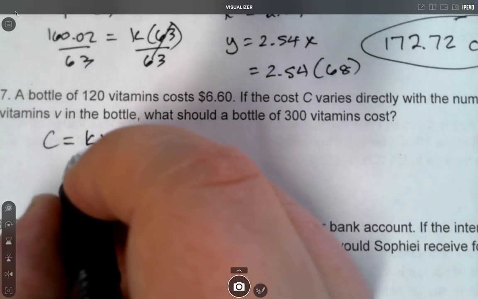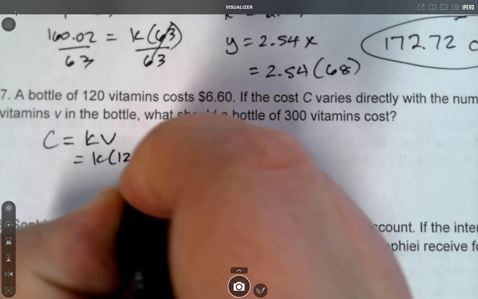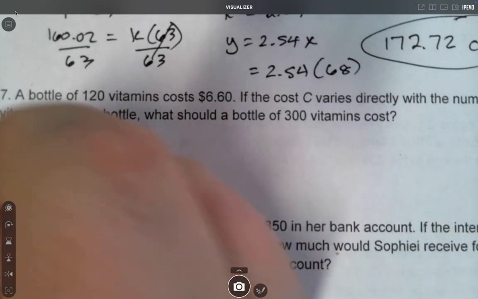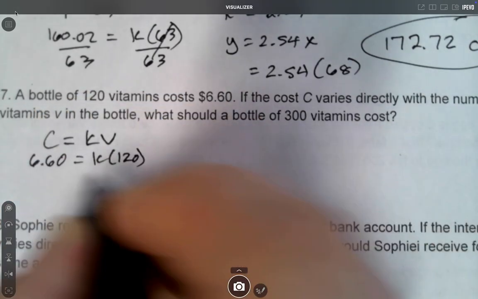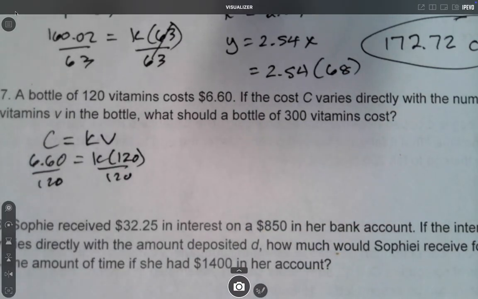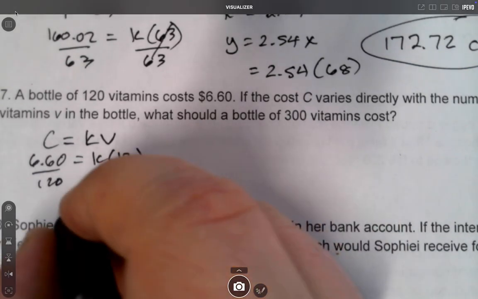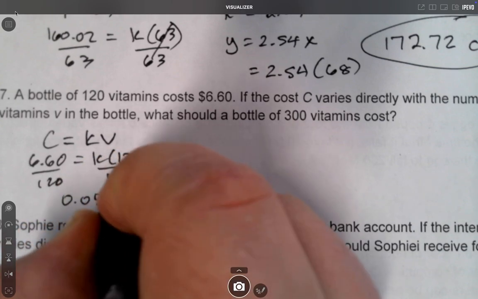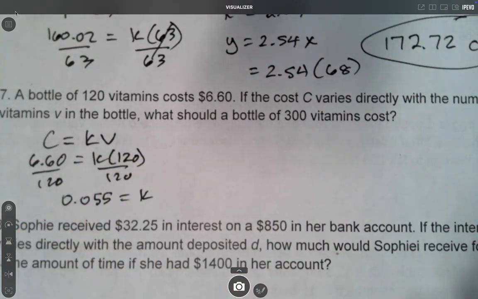So 120 vitamins cost $6.60. So I divide both sides by 120. Okay, so we get 0.055 for K.